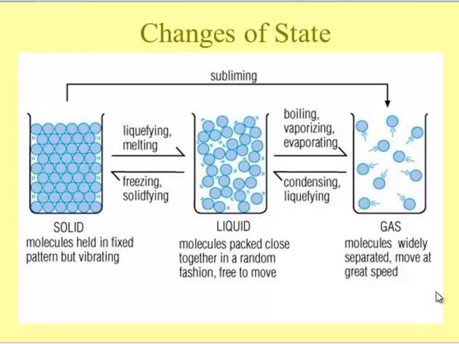Going from a solid to a liquid, we have melting, and from a liquid to a solid, we have freezing or solidifying. From a liquid to a gas, we have boiling or vaporizing or evaporating. And these have all got slightly different terms, which I'm going to explain briefly later on. A gas can condense or liquefy as it turns from a gas to a liquid.